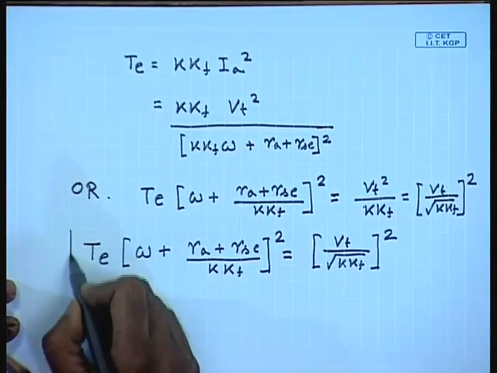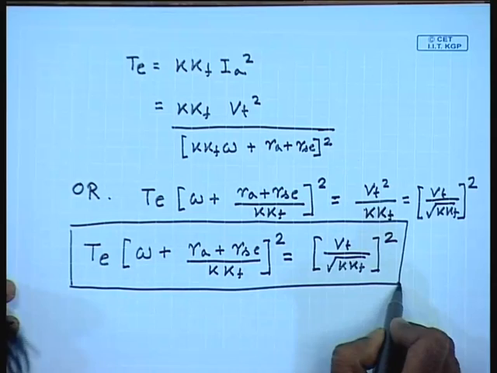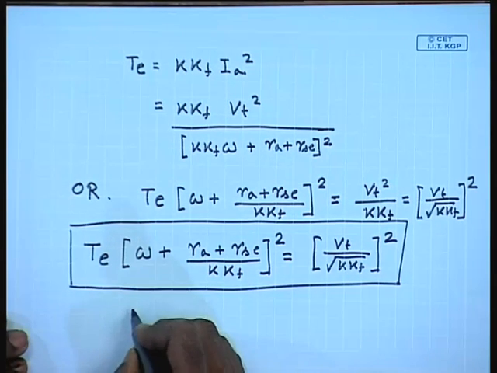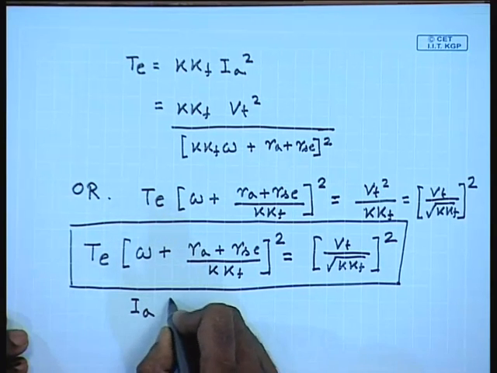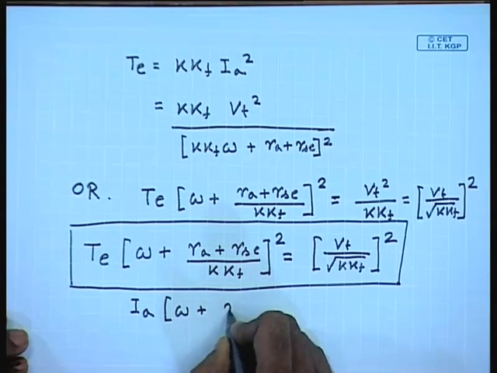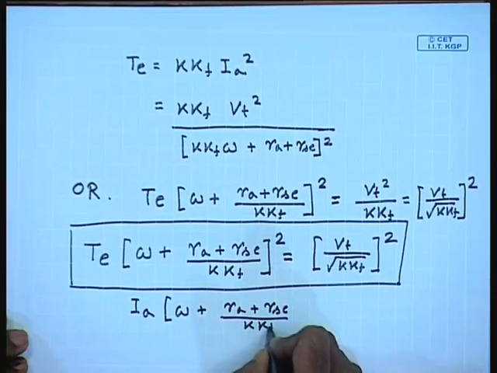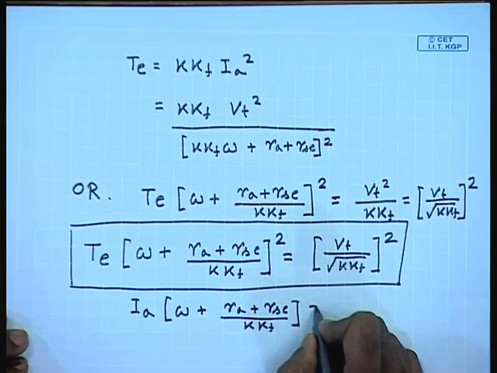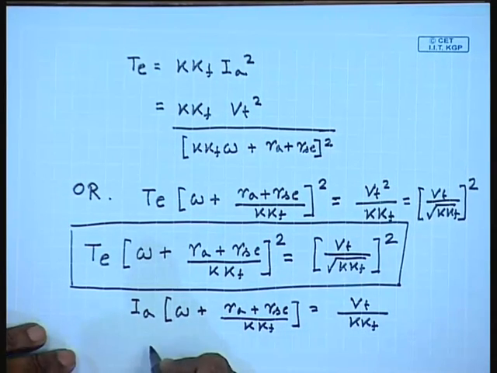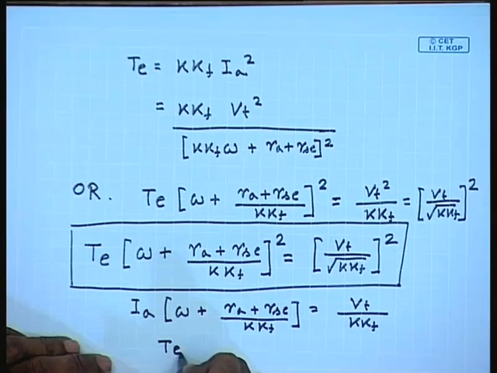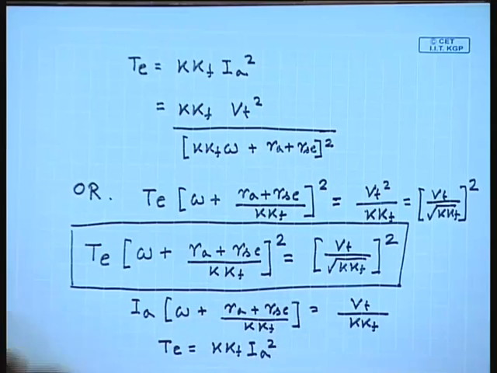This is the torque speed characteristics. The current speed characteristics is this, and the torque current characteristics is this. Let us now draw them.